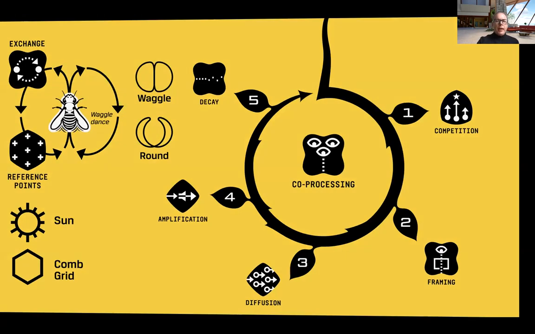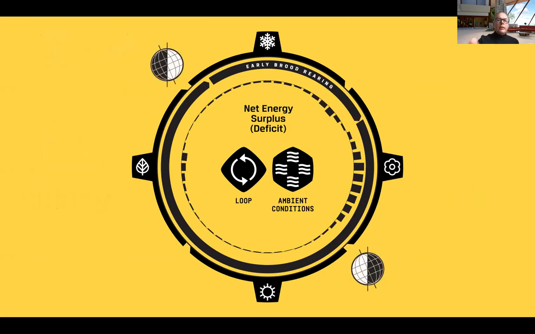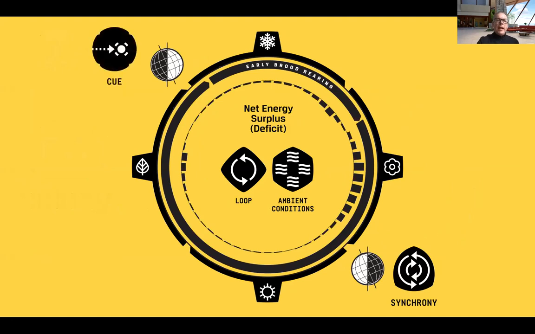I also want to point out very quickly that you can also map this across time and across space. So time, you might think of it as a cycle across the years, where there's a synchronization that takes place depending on where the sun is in the sky, so it's synchronized to the solar system. That provides a cue for the bees to start producing a new brood, or a new crop of bees.